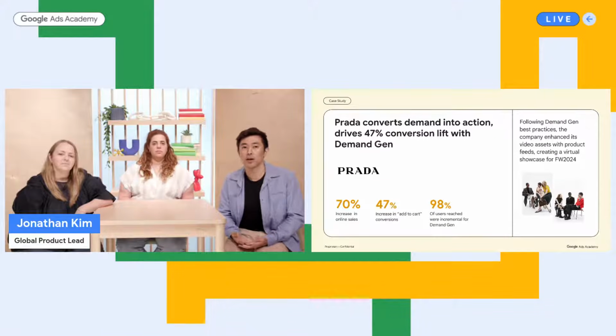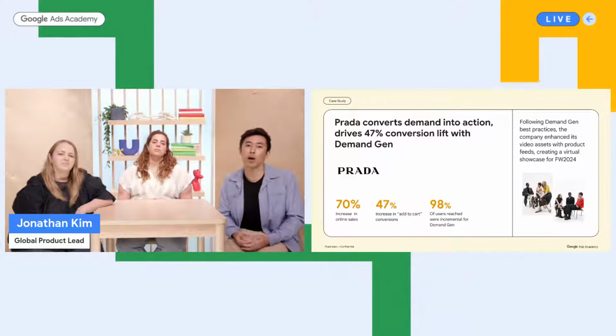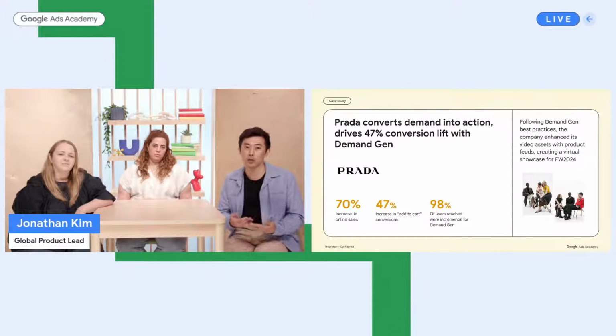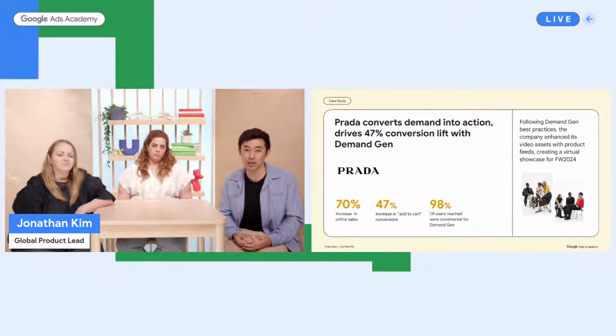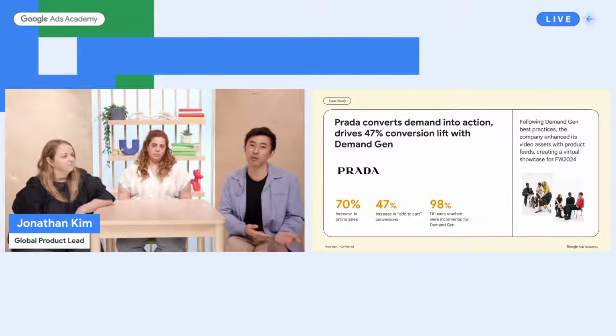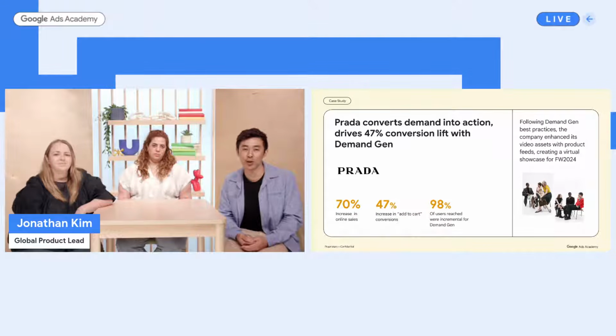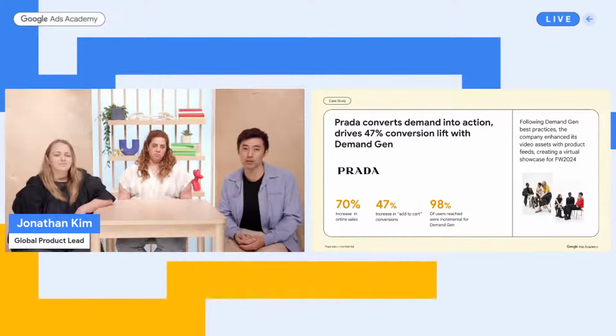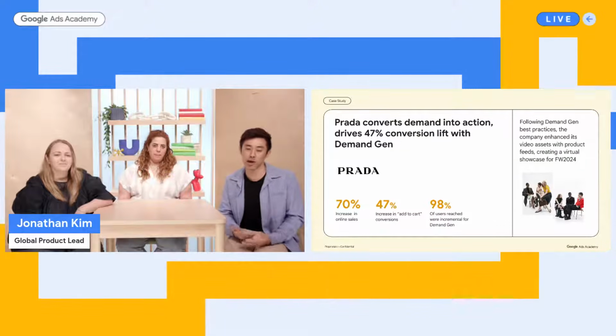And the results? Prada saw demand gen drive huge complementary value to their search and performance campaign efforts. They saw a 27% increase in product detail page views, a 47% increase in ads to cart, and a 70% increase in online purchases, proving demand gen's incremental value to all of their performance efforts.